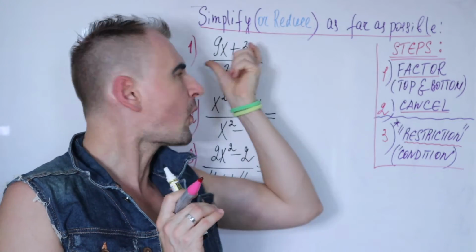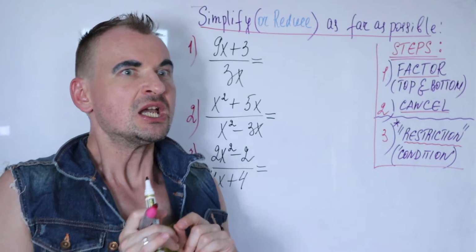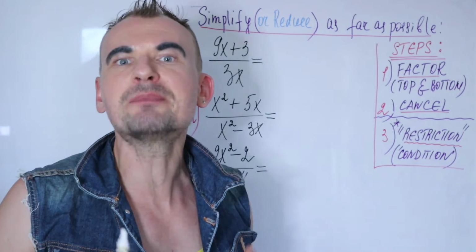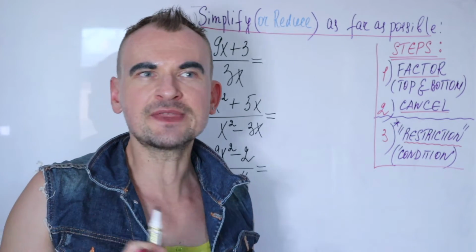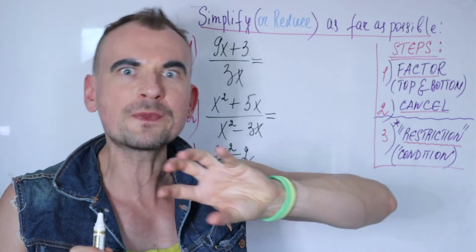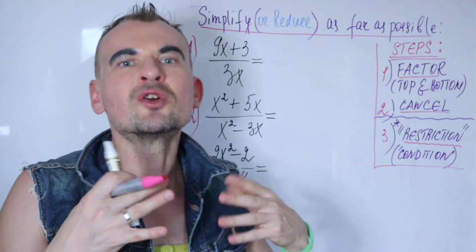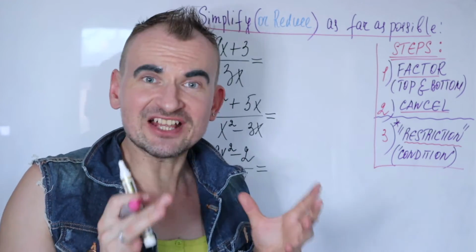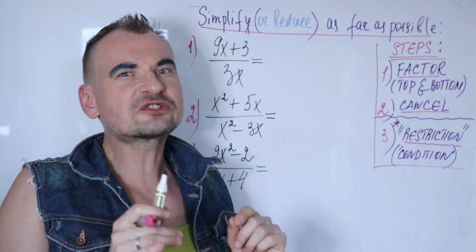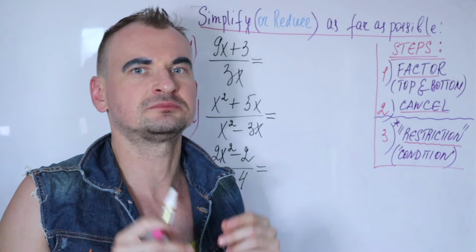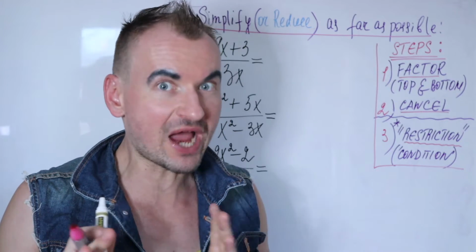You factor your top and your bottom expression as much as possible. By factoring, what do I mean? Well, it's normal factoring. That means that you could spot and pull out the common number that your terms contain. It could be the GCF, it could be a number, it could be a term. You could also factor your quadratic expression if you have one.